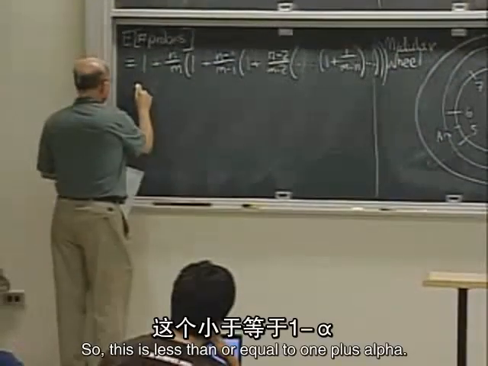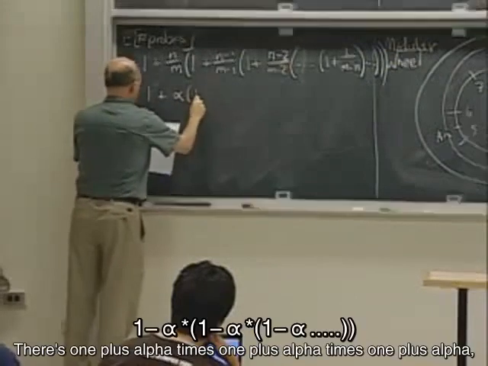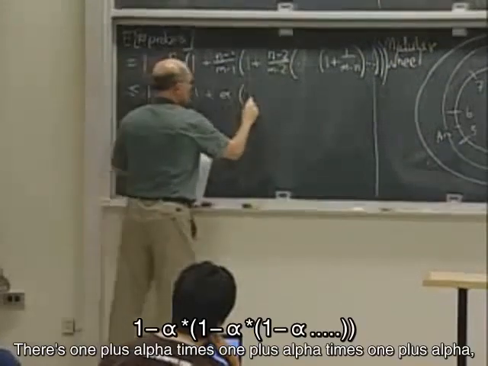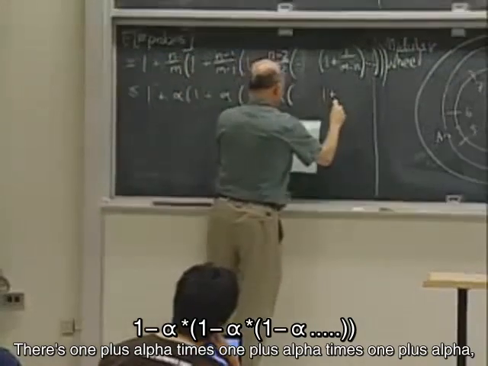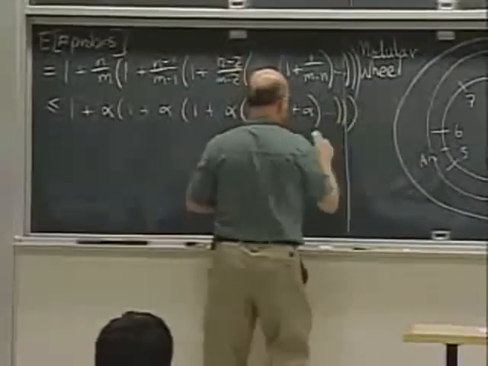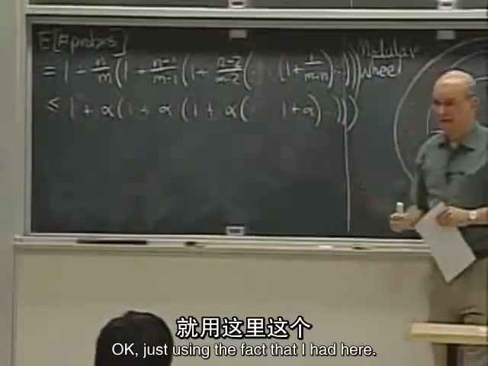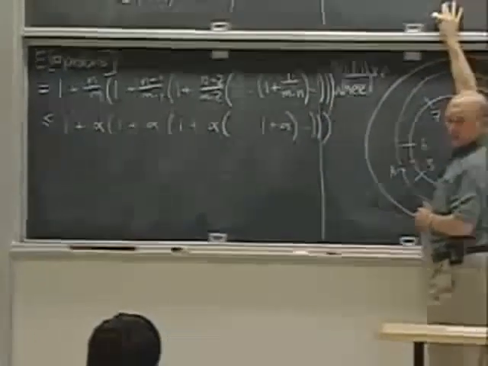So this is less than or equal to 1 plus alpha times 1 plus alpha times 1 plus alpha times 1 plus alpha. Okay? Just using the fact that I had here.